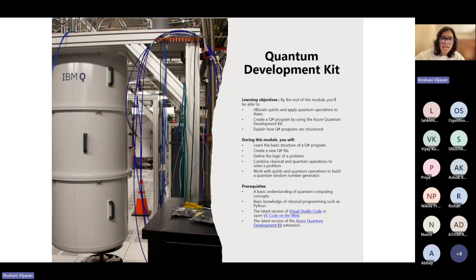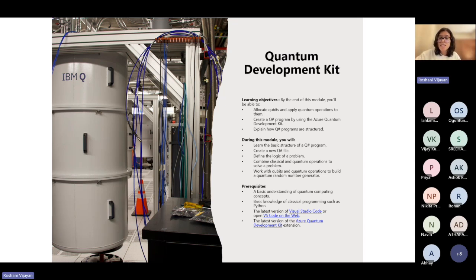You're also going to learn how Q-Sharp programs are structured: the basic structure, how to create a Q-Sharp file, and define the logic of a problem, kind of like in the first computer science class that you have in school. Then you're going to combine classical and quantum operations to solve a problem, taking a hybrid approach, and you're going to work with qubits and quantum operations to build a quantum random number generator.